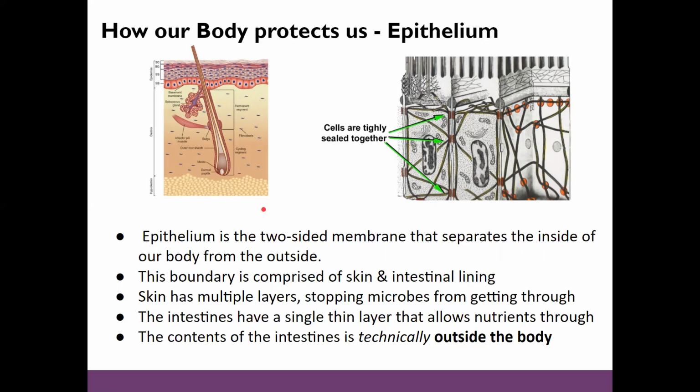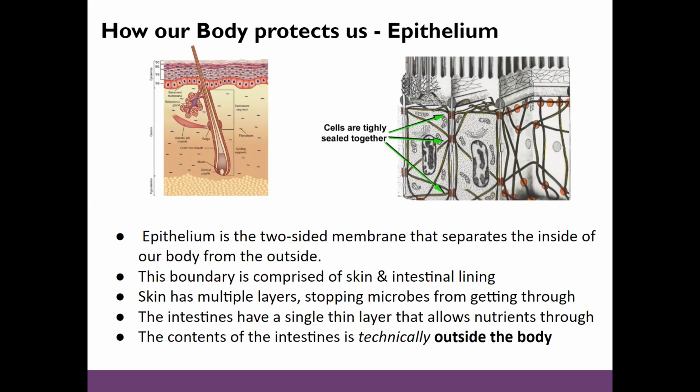The skin is composed of multiple layers of epithelium, which stops microbes from entering our bodies. The intestines have a thin layer of epithelium, which prevents microbes from coming in. But remember, it's thin because it needs to permit nutrients to still come through.